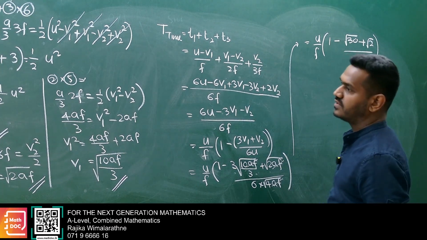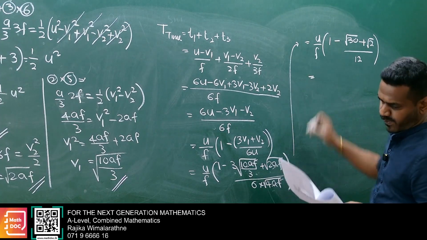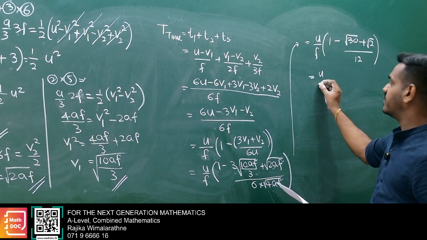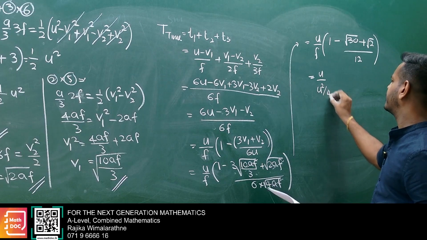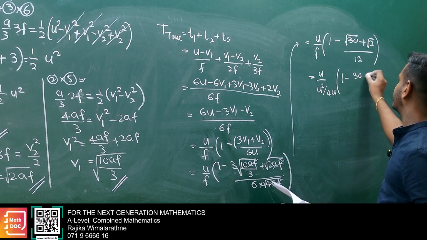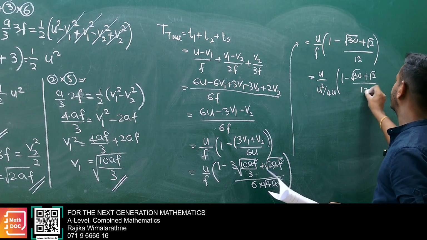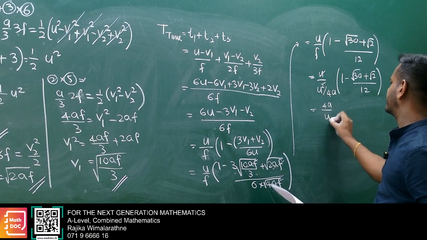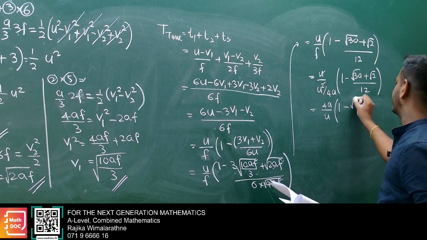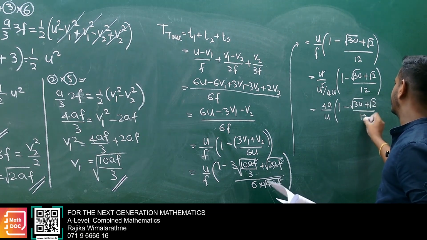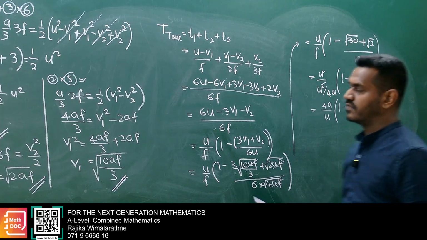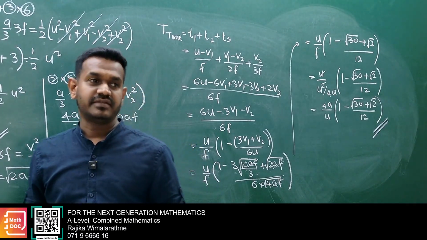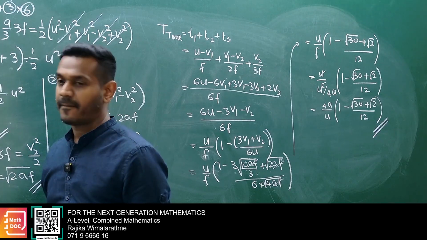Then the U value equals, replace F, F means U squared over 4A. Simple question, but simplification is a little harder. You need to practice well. Okay, complete that.